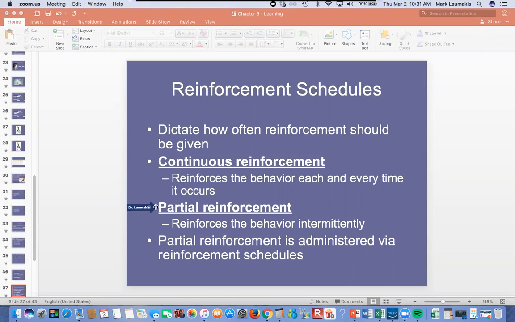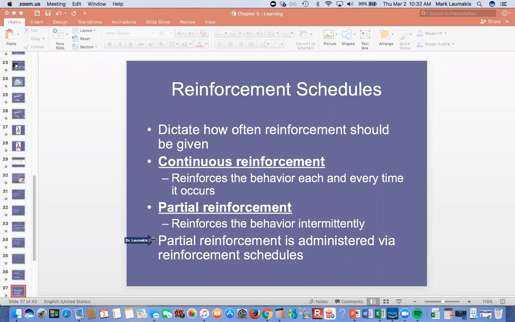At some point, your parents probably moved to partial reinforcement where they're intermittently, every once in a while, reinforcing those behaviors, right? So it might be like every couple of days I give you some kind of reinforcement for doing that. But I move away from each and every time because that continuous reinforcement, let's be honest, can be kind of tiring.